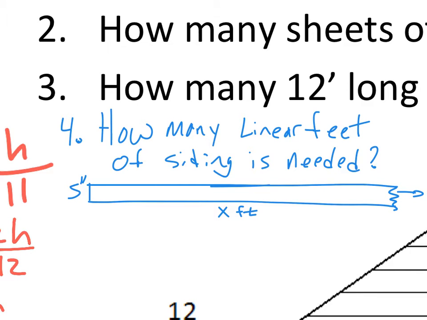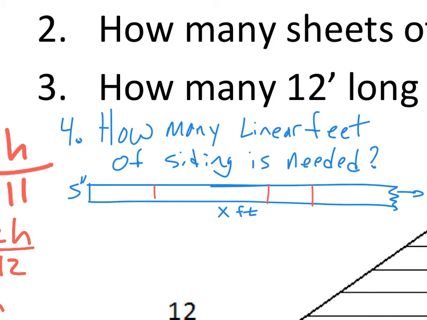Okay? Well, to figure this out, we need to say this. So the area of this long rectangle. Now, really, it's not going to be a rectangle. Really, it's going to be a bunch of pieces that, if we put them end to end, would be different sized boards. But we have got this real long rectangle, all right?